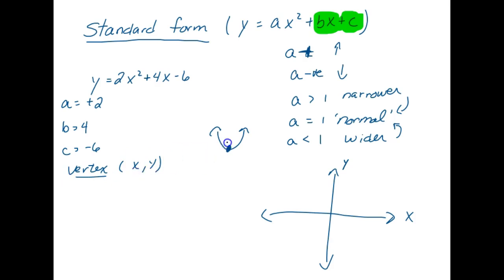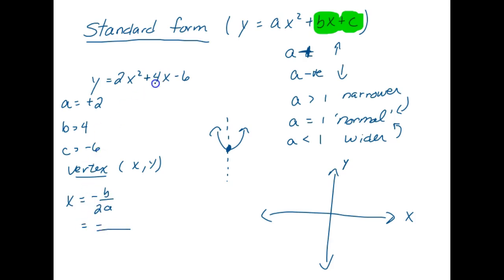In order to get the vertex, you need to know the axis of symmetry. So what is the vertical line that will draw straight down through the vertex and cut the graph into equal pieces? To find that, we use a short formula, negative b over 2a. So the negative stays there.